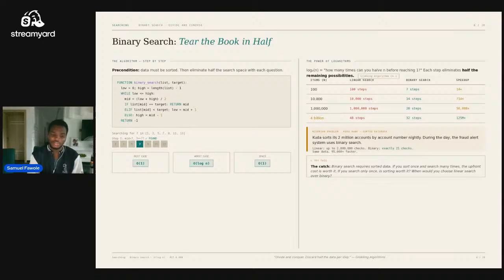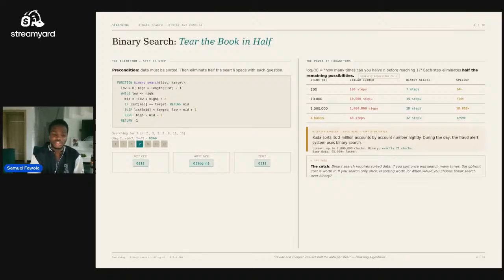Else, if the element at the mid position is less than target, right? So let's say we're looking for 1 in this sorted array. This is our mid position, and we divide it into half. We have 1, 3, 5, and we have 7, 9, 11, and 13. So our mid position here is 0, 1, 2, 3.